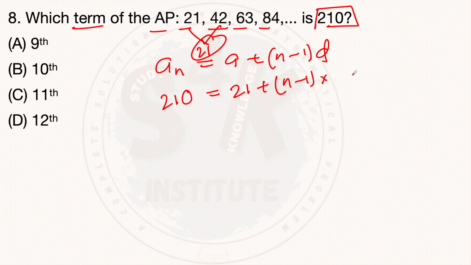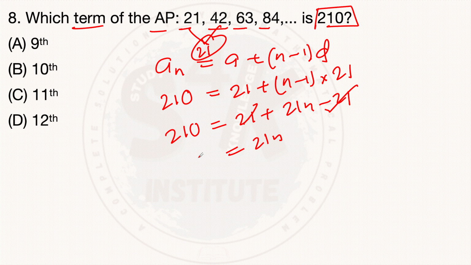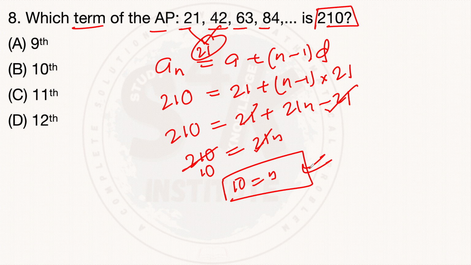Yeah, 42 minus 21 is 21, so 21. So 210 is equal to 21 plus 21n minus 21, this gets cancelled. So 21n is equal to 210, so this will get cancelled by 10 times, so value of n is nothing but 10 only. Okay, so answer is that 210 is the 10th term.